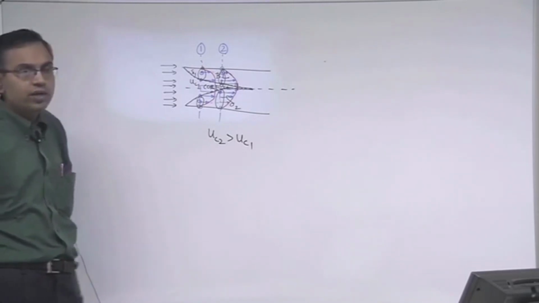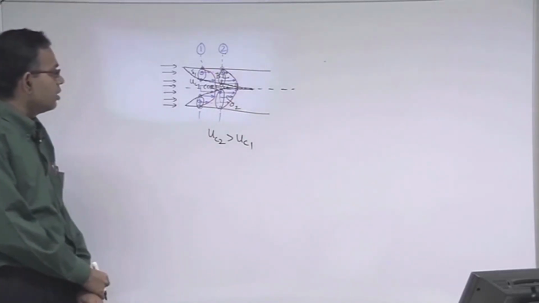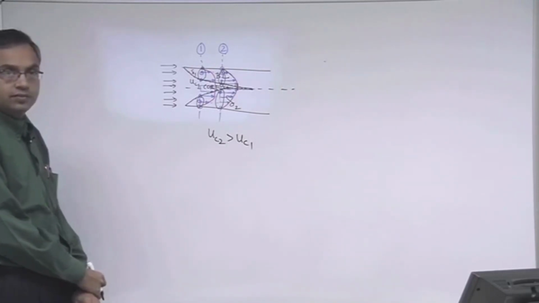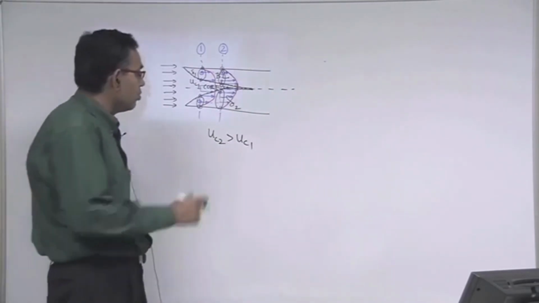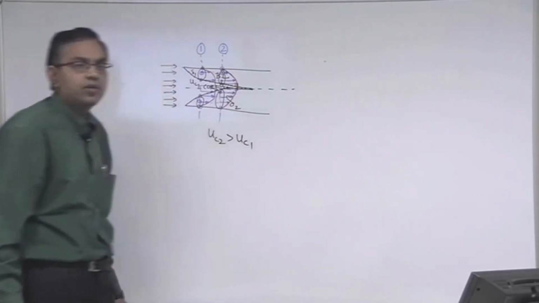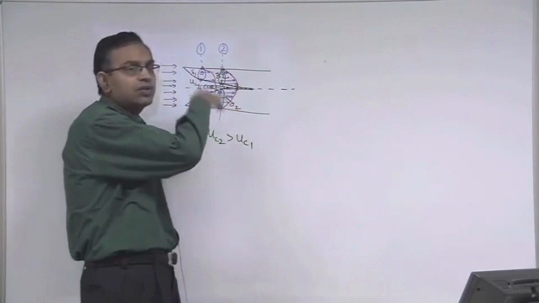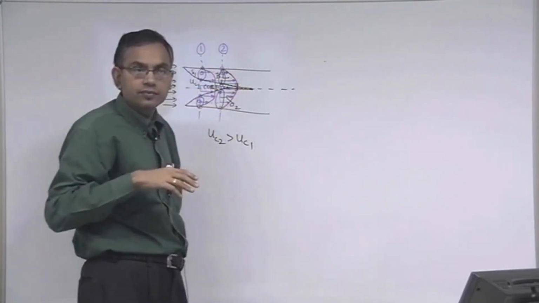When UC2 is greater than UC1, what can we conclude about the pressure gradient? First of all, when UC2 is greater than UC1, that shows that in the region outside the boundary layer the fluid is accelerating, right.